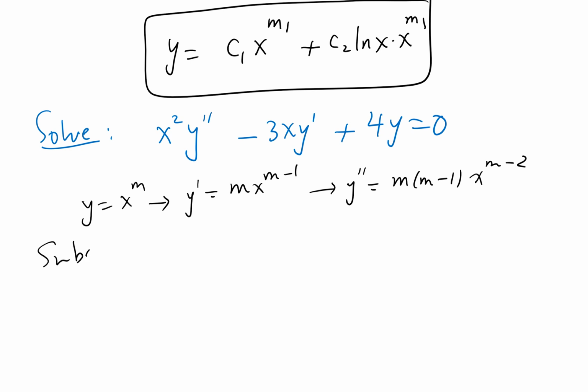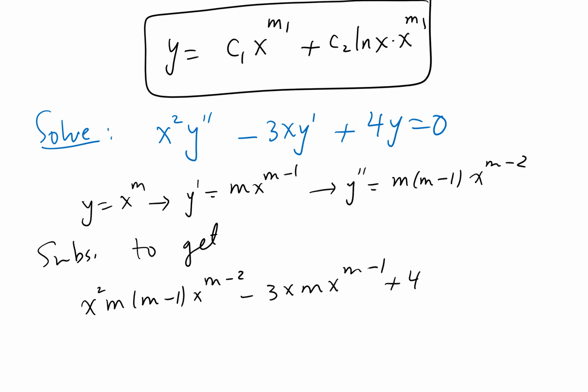Substitute to get what? x squared times y double prime is m times m minus 1 x to the m minus 2, minus 3x times m x to the m minus 1, plus 4x to the m. Then m times m minus 1 x to the m, minus 3m x to the m, plus 4x to the m.